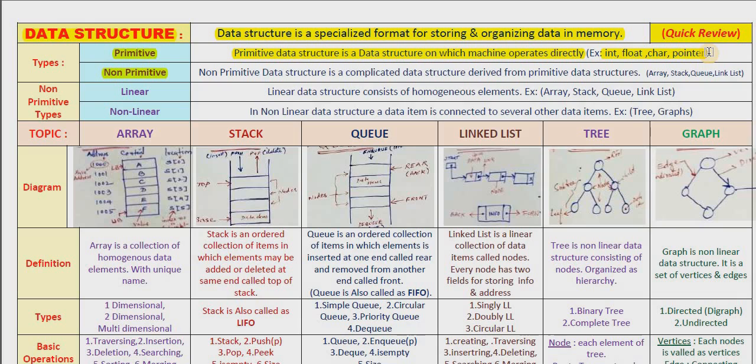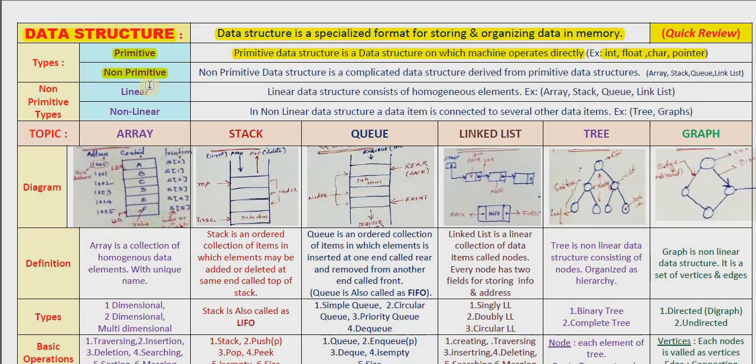Integer means numbers 1, 2, 3, float means decimal numbers like 1.25, 5.8, character means alphabets A, B, C, D, and pointers are written using a star. These basic data structures are called primitive.